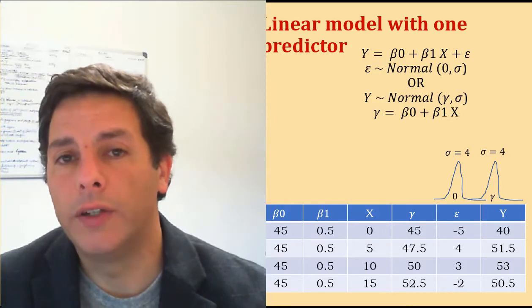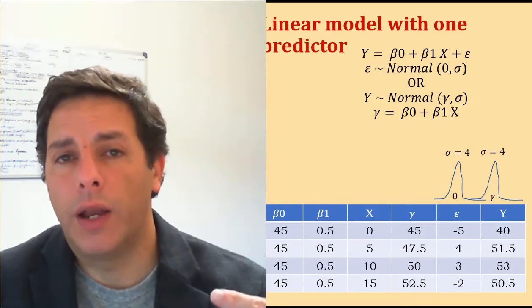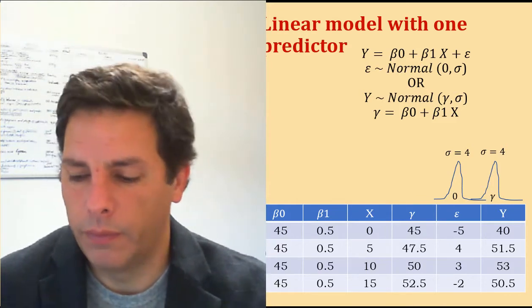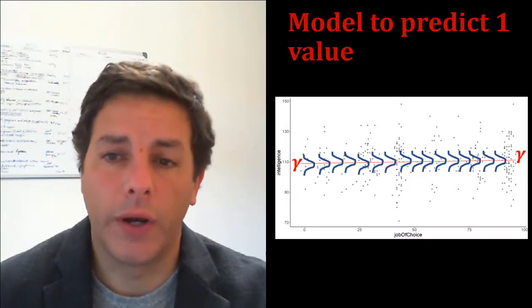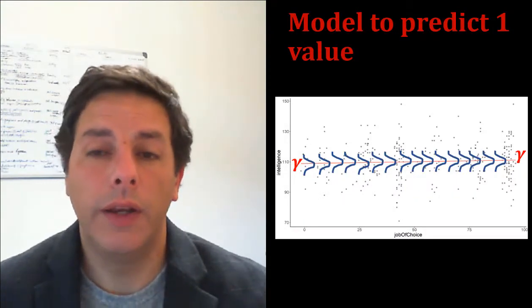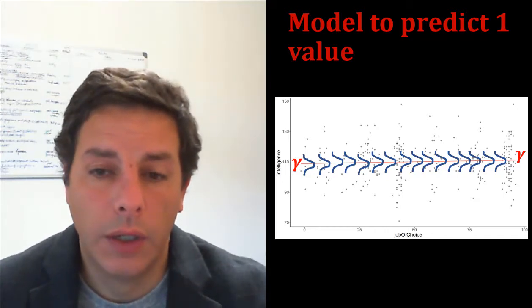But in this case, y does depend on values of x, and it will modify its value according to the values of x. Okay, so this is the model using the linear model to make predictions about individual values.